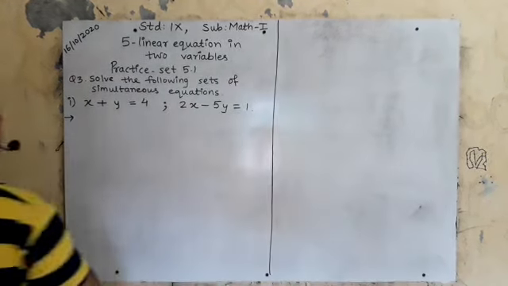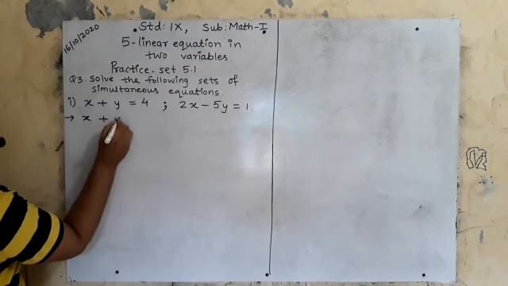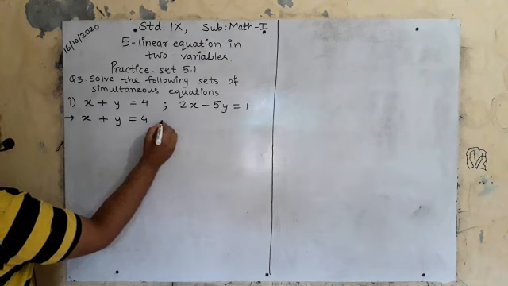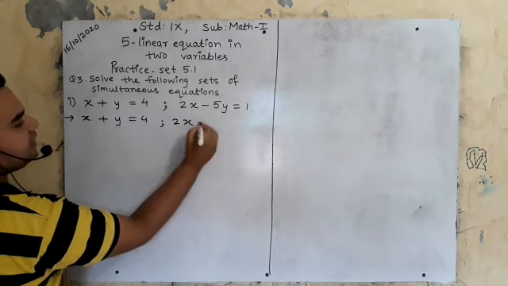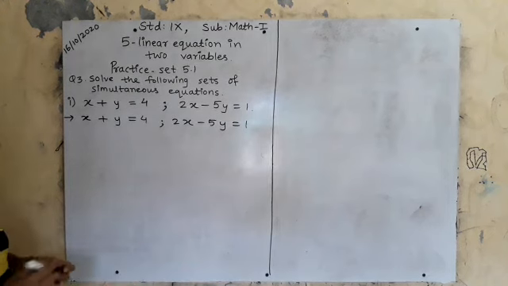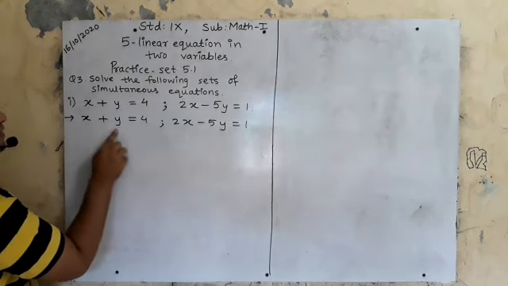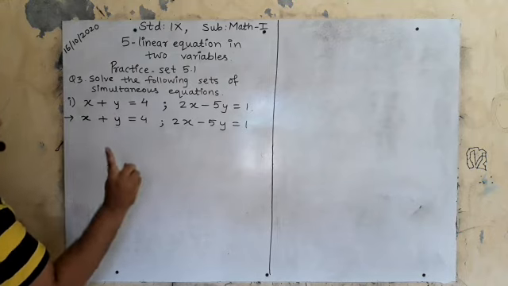So please pay attention. First we will copy the question as it is. x plus y is equal to 4. 2x minus 5y is equal to 1. Now my dear students, see, these are linear equations in two variables whose highest index is 1.